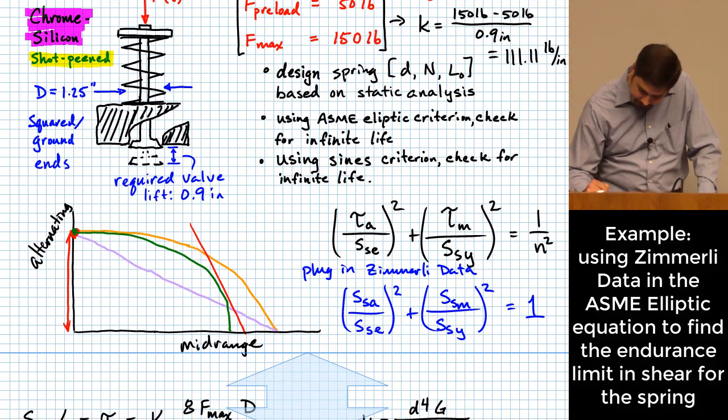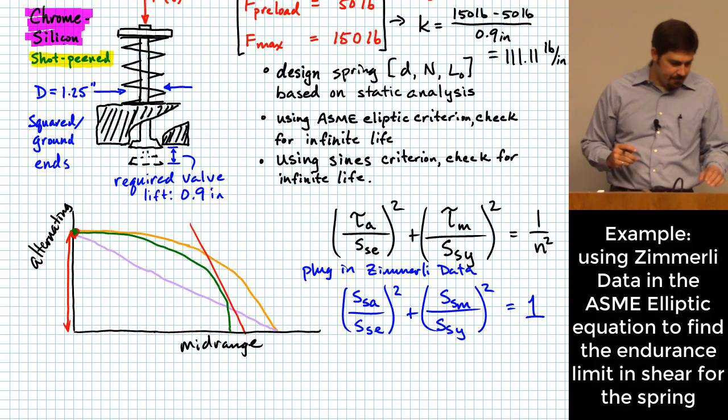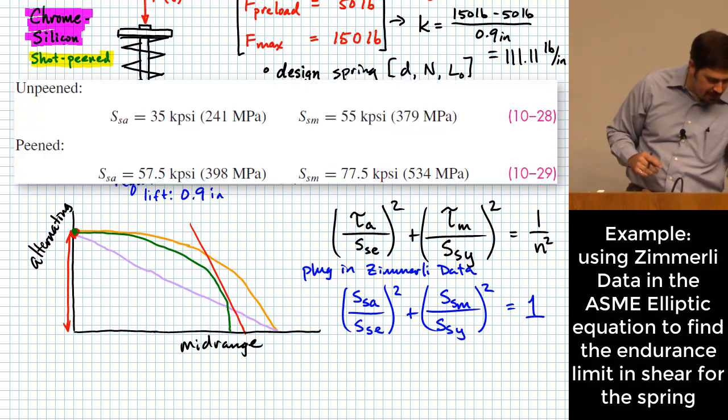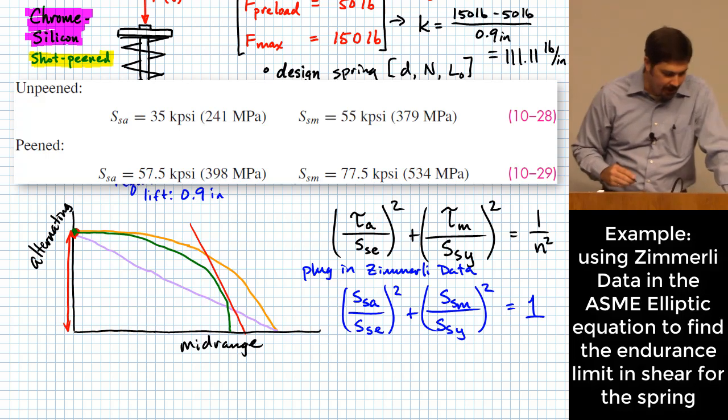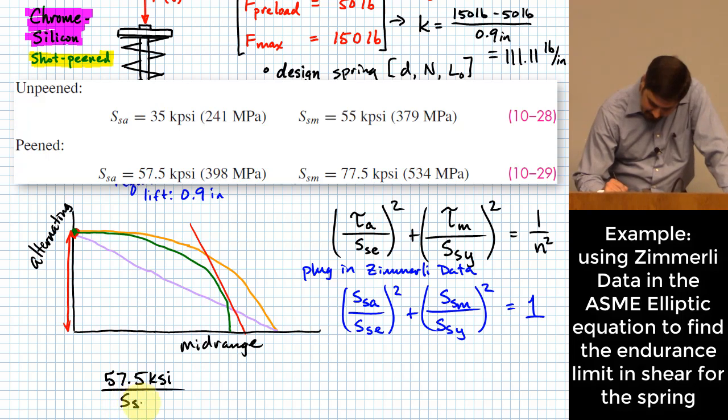Okay, we have a peened spring. So therefore, I look here at equation 10-29, and it says S sub SA is 57.5 KSI. What I'm trying to find is S sub SE.